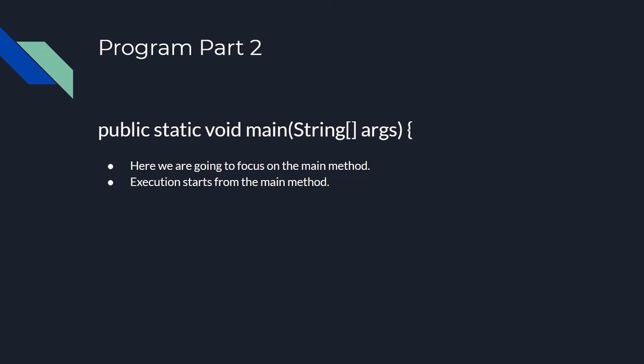Any code inside the main method will be executed. Whenever a program file is saved and executed, the execution starts straight from the main method, because the Java runtime environment, which we have already discussed earlier, searches for the main method first and executes it.